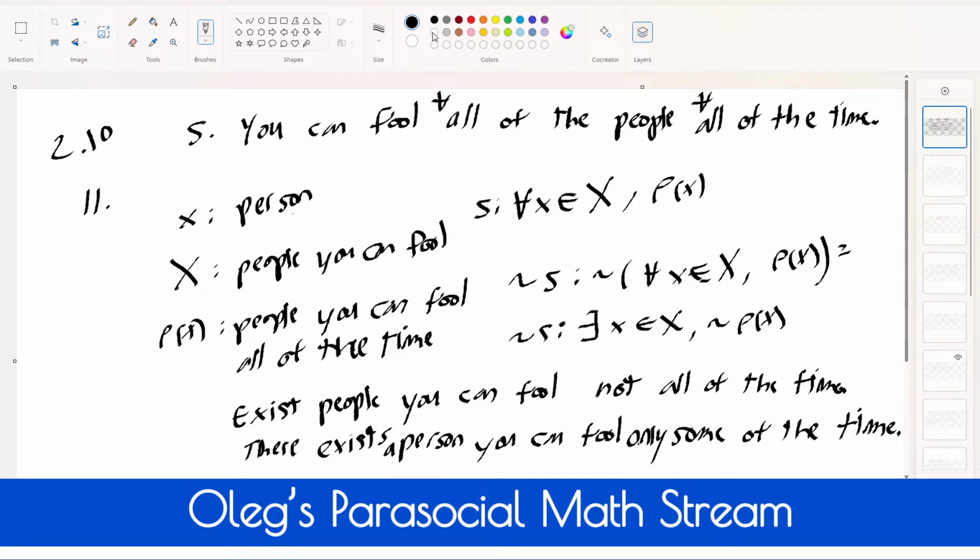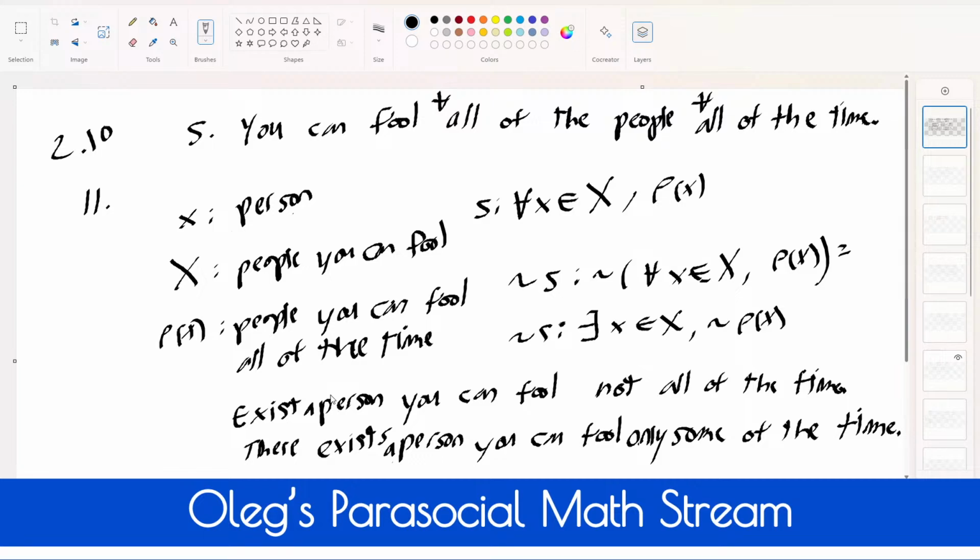So that is more accurate. Again, this more has to do with it just not sounding clunky. There exists a person you can fool not all of the time.